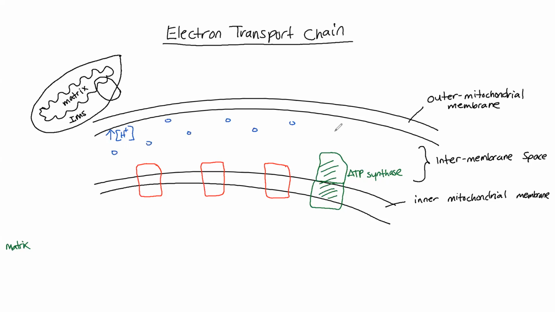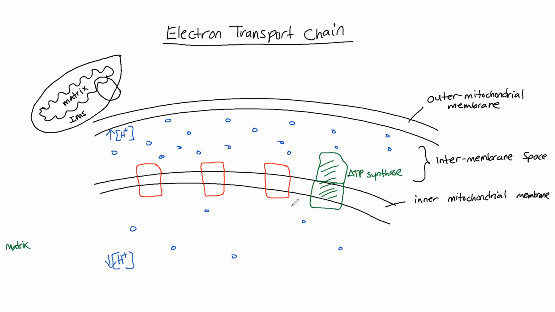So we have a higher concentration here. And we have a lower concentration out here in the matrix. So very few present down here in the matrix. And so what we have set up is this gradient already.